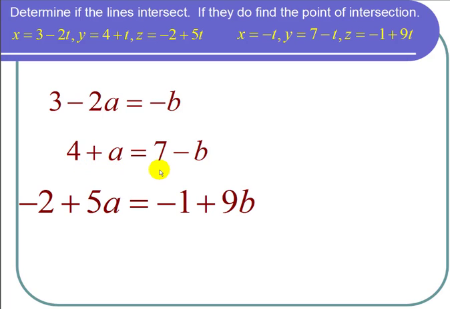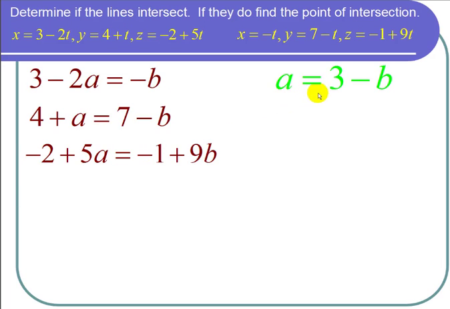So I'm going to use the second equation. It looks the simplest. I'm going to subtract 4 from both sides. 7 minus 4 is 3, so I get that A is equal to 3 minus B. So I could plug 3 minus B in for A into the first and third equations.